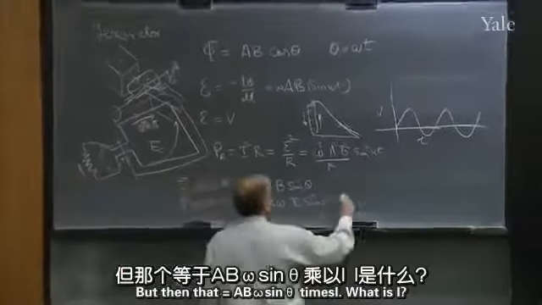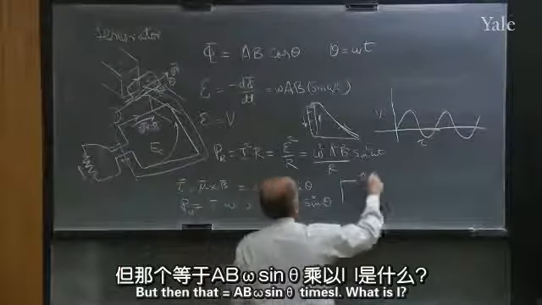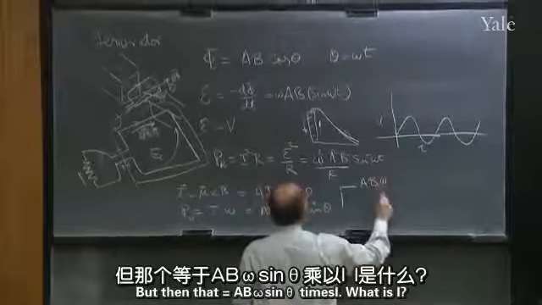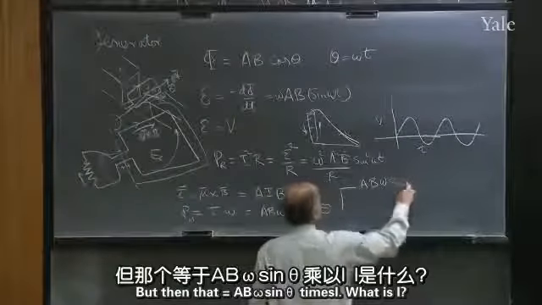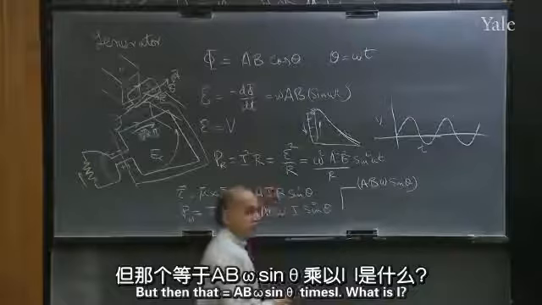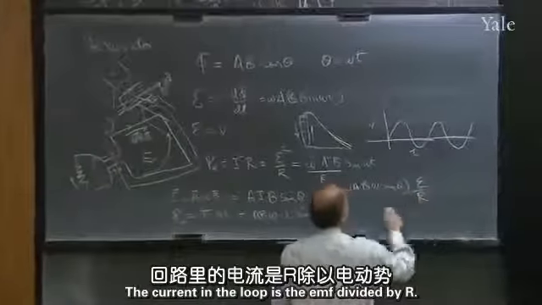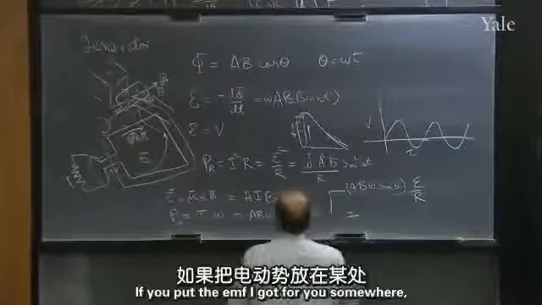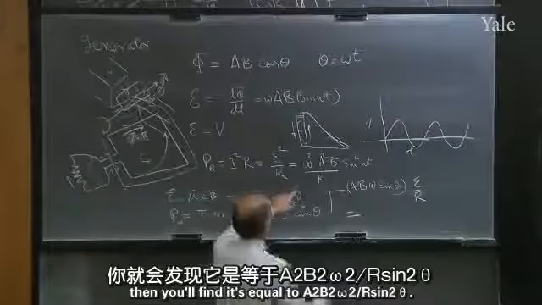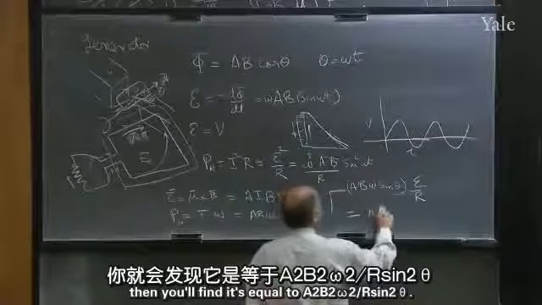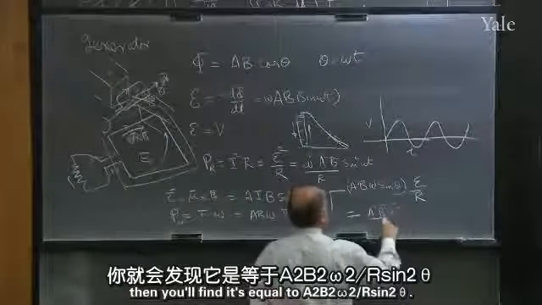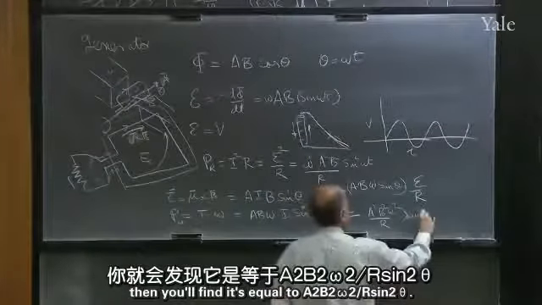But then that's equal to A, B, omega sine theta times I. What is I? The current in the loop is the EMF divided by R. And if you put the EMF I got for you somewhere, then you'll find it's equal to A square, B square, omega square over R, sine square theta.